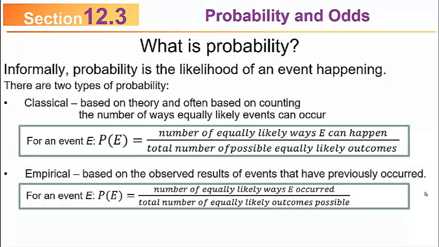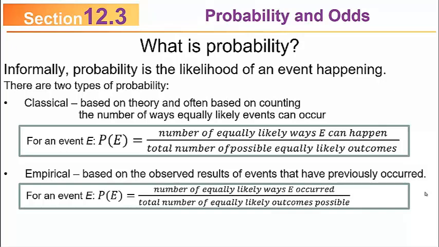And if you're using empirical probability, you have to define the probability slightly differently, but notice it's not very much different. The idea is the same. In an empirical sense, the probability of an event E is the number of equally likely ways E occurred, in other words, we looked at what happened in the past, divided by the total number of equally likely outcomes possible.